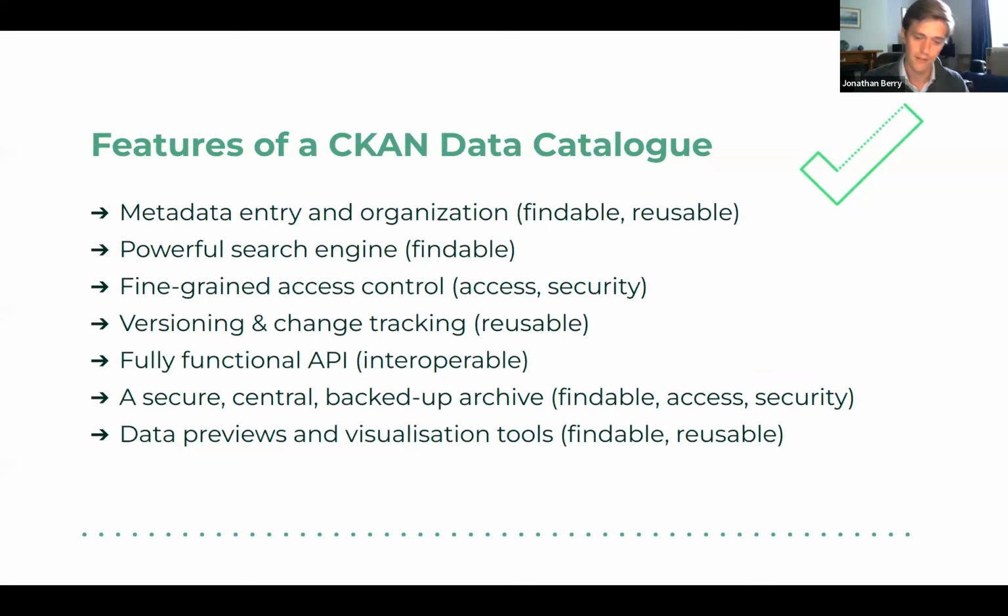Some of it can be kept private and shared with just key individuals or key organizations. CKAN is also able to provide versioning and change tracking for your data, helping give confidence for data reuse because it allows people to see who's been changing the data and how over time. It has a fully functional API that lets a machine, a program, a script do everything that a human can do. And it provides a secure, central, backed up archive.